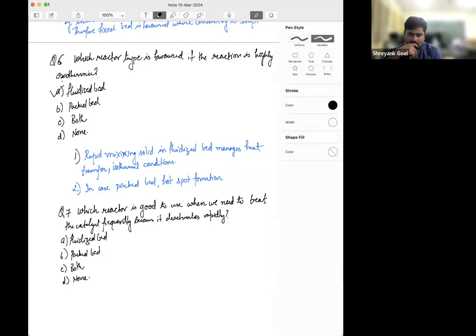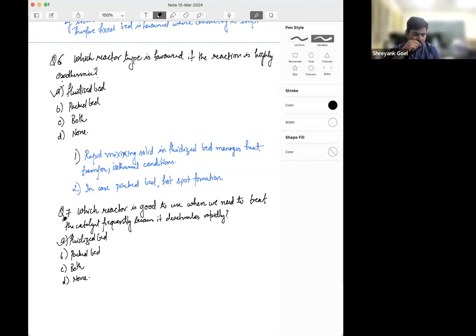And what's the reason? Oh yeah, okay, you are writing. Sorry, I read it. Yeah, that's correct. Because in a fluidized bed, it is easy to regenerate and easy to frequently change the catalyst, and therefore the correct option is fluidized bed.